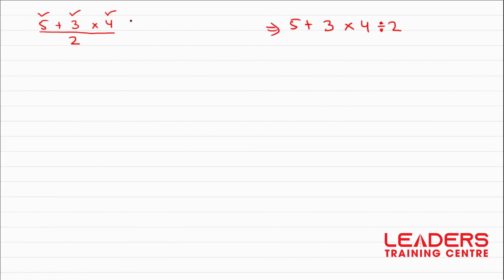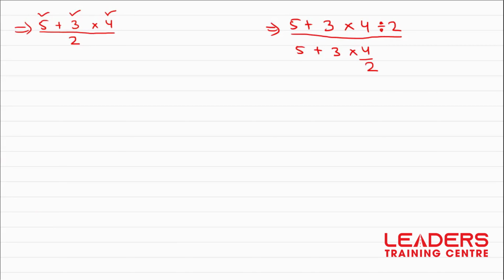The calculator perceives this as 5 plus 3 times 4 divided by 2, while what we want is to divide the entire number by 2. So make sure you don't make such an error. You don't key it in this way in your calculator, which is your Texas TI-36X Pro calculator.